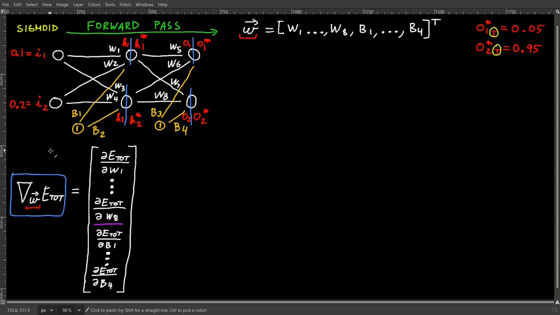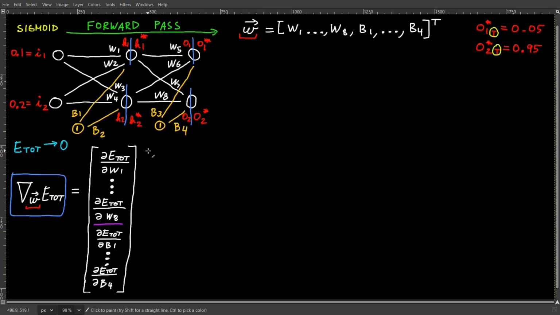Now, differentiation means change. Therefore, this gradient vector contains information on how the total error changes with respect to every weight and bias. I can use this gradient vector to adjust this weight vector to drive the total error to 0. Remember, we want this error to approach 0.